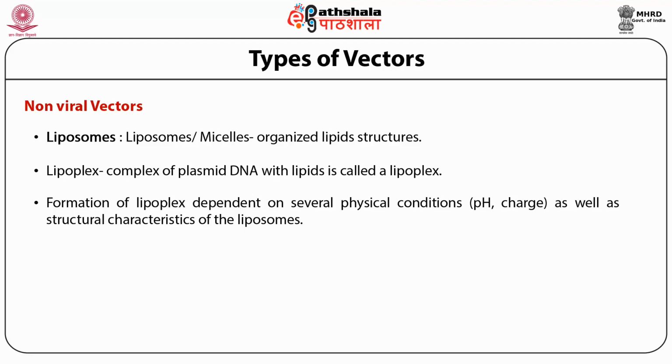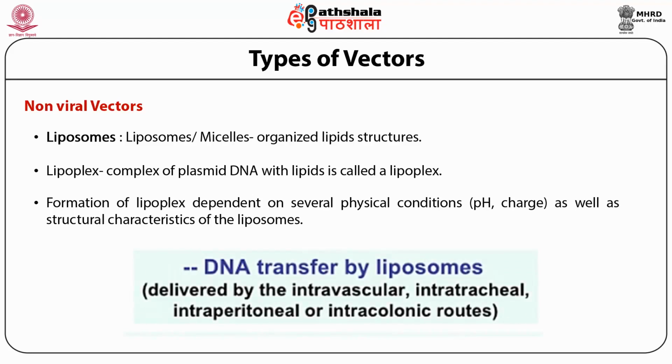These liposomes enclosing DNA can be transferred into cells by intravascular, intratracheal, intraperitoneal or intracolonic routes. So basically, liposomes are synthetic vectors designed to deliver non-viral DNA into the cells without degradation.